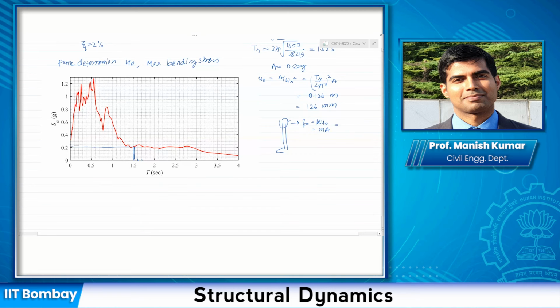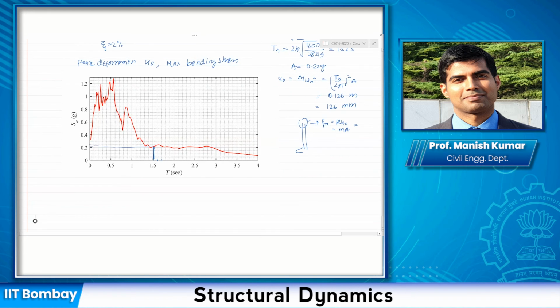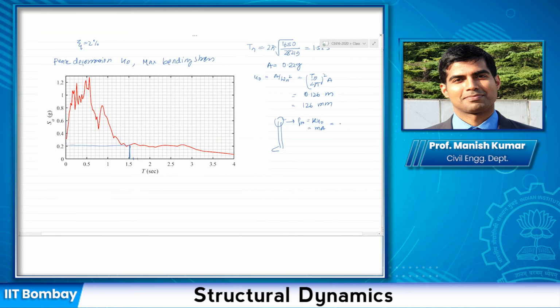So if I consider mass times acceleration, it would be 1650 times acceleration, 0.22 times the g value 9.8. So this gives you around 3557 Newton. If that is known to you, you can go ahead and find out what is the base shear or base moment.